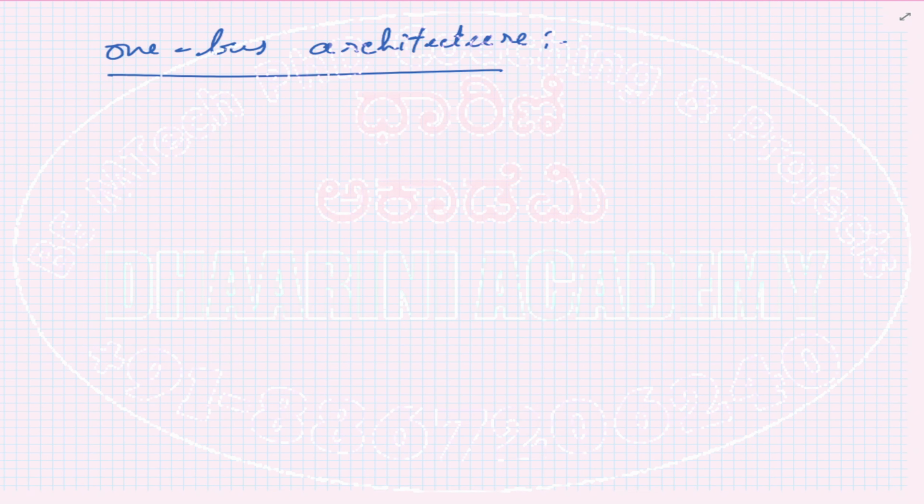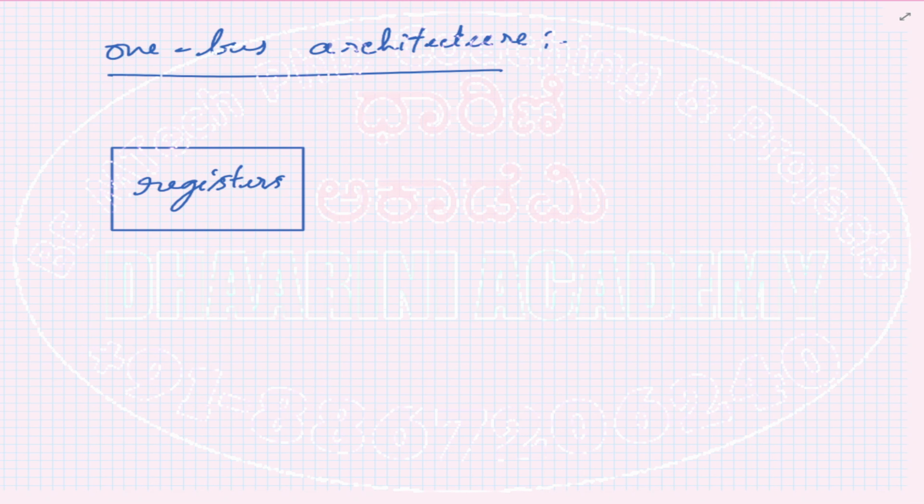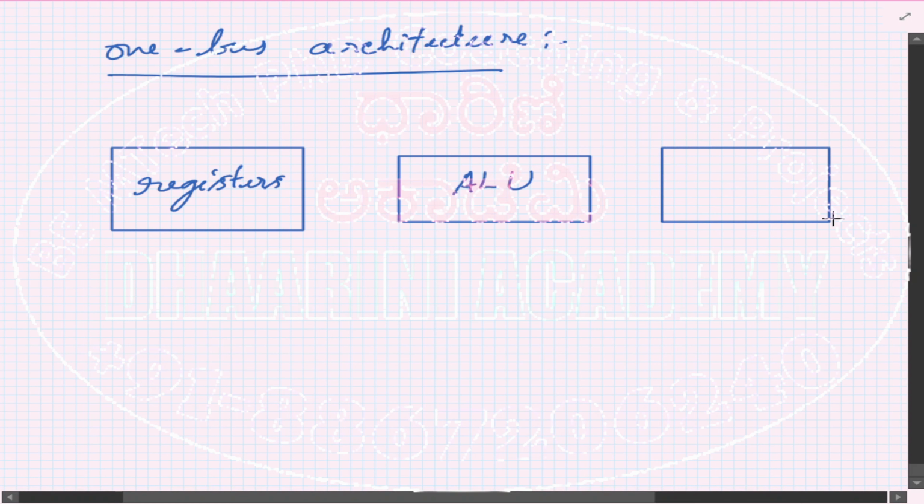If you want to write a simple block diagram showing this, let's consider the first block to be the registers, let's consider all the registers, followed by the ALU. The ALU is connected to a shifter.